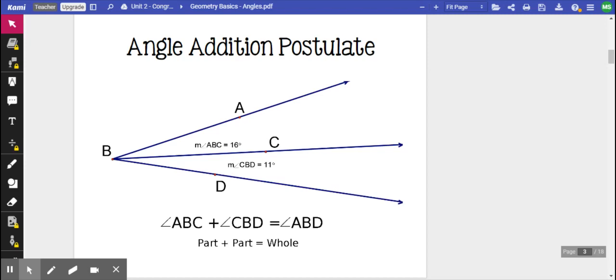If those parts are 16 degrees and 11 degrees, that would mean that the whole angle ABD would be 27 degrees. And that remains true no matter how many times you split up a larger angle into its individual parts.